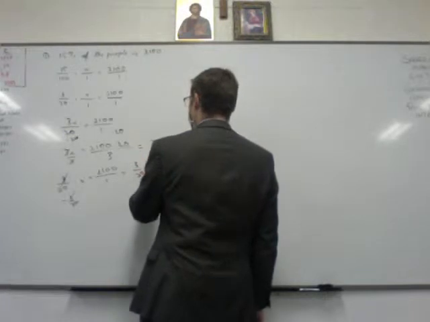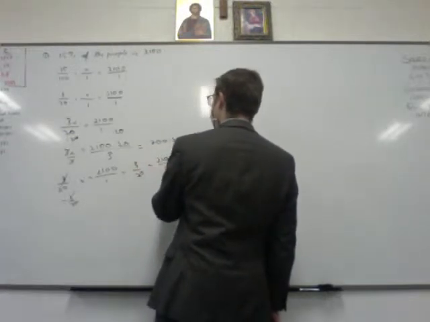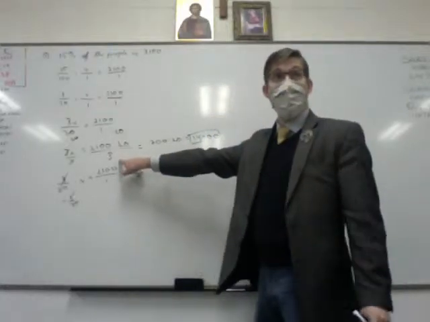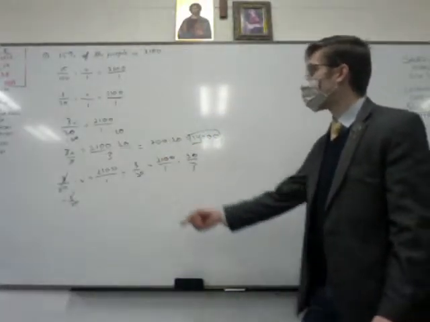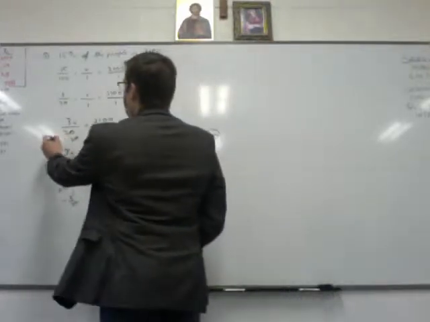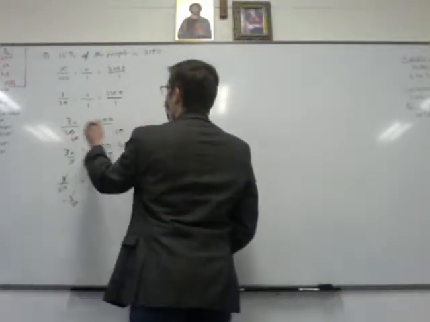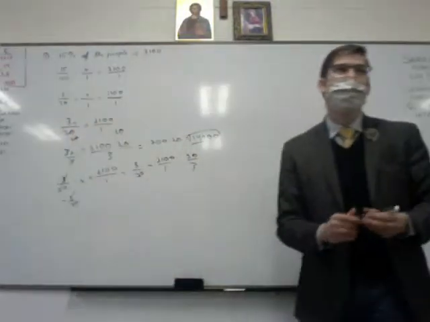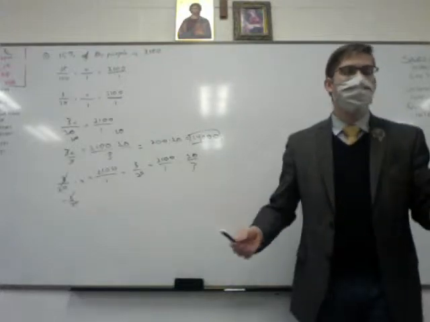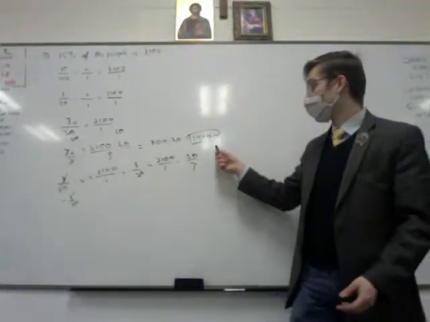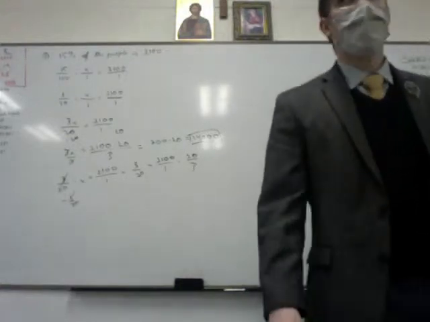We get 2,100 over 1 times 20 over 3. And look, that's what we have here. It's going to be the same. Once you get to this point, there are a couple of different ways you could do it. You could do the cross multiplication where you get 2,100 times 20 equals 1 times 3x. Whatever way you want to do it is fine, as long as you correctly get to that answer.